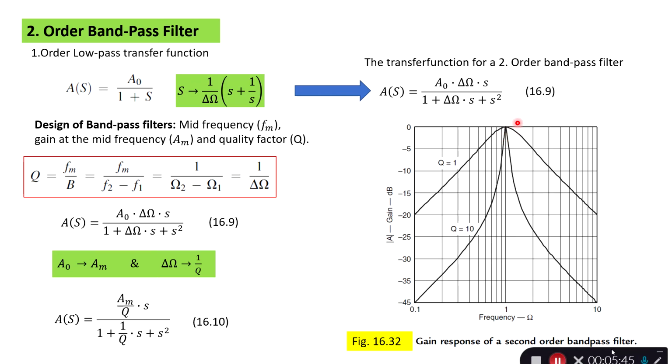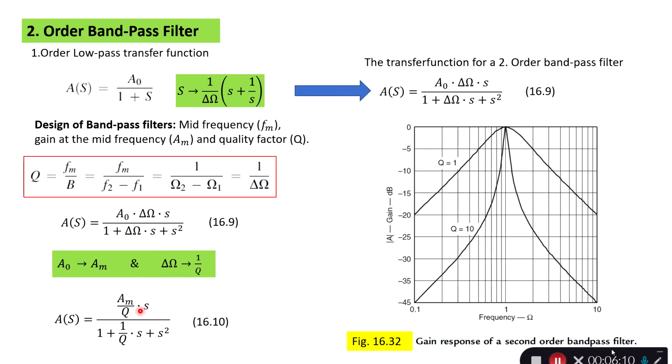So using this equation here, the transfer function for the second order bandpass filter, and replacing the passband gain of the low pass filter with AM at the mid frequency, and delta omega, that's the bandwidth, with 1 over Q, we get this equation.